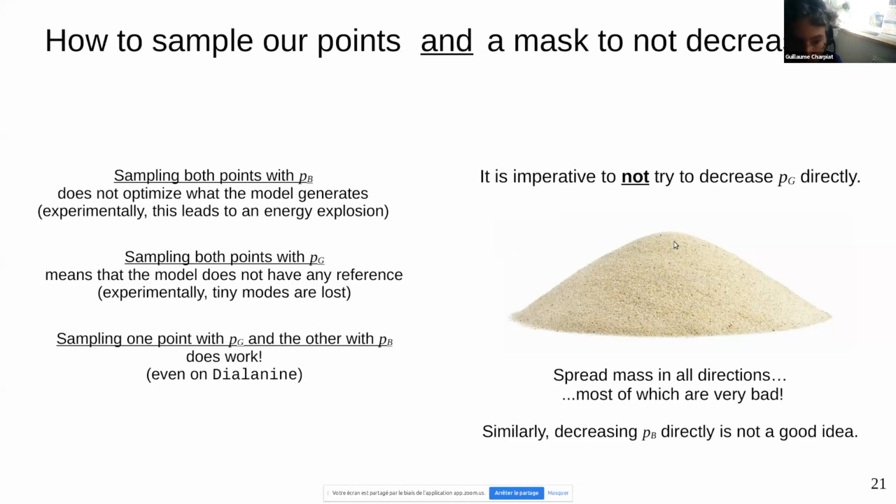But this is also close to another way to do it. You could also try to keep the full simulation, like the molecular dynamics, and say, I just want to increase the speed of these simulations instead of replacing everything with a neural network that's going to sample IID directly. In that case, it might be possible to make these simulations faster by directly pushing them in the right directions.